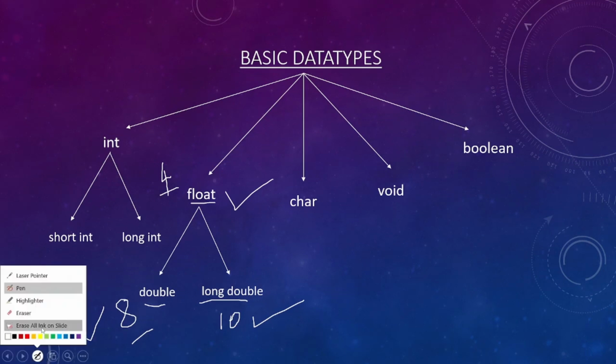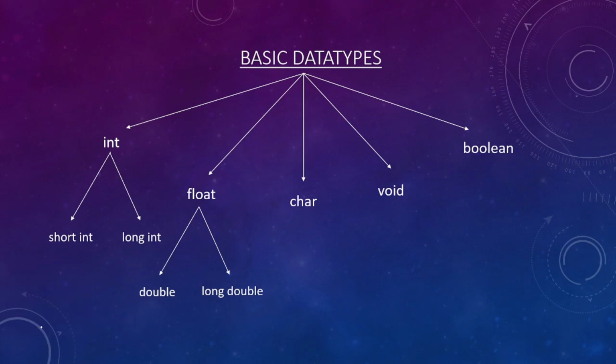Next, coming to character data type. Here you need to learn a major difference between char and string. Whenever you are using char, it will allocate only 1 byte of memory, and it will only display 1 character at a time. You can either input a single character at a time, or output a single character at a time.